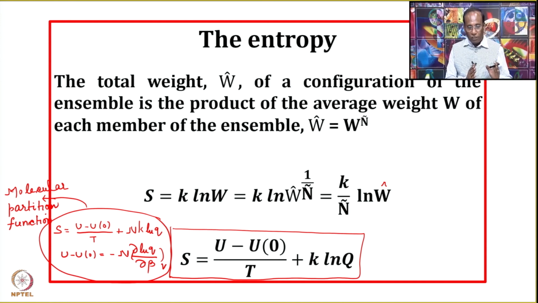Here we have a more general expression between entropy and canonical partition function, in which, as we just discussed, you allow the interactions. Now the question is, will this relation turn out to be the same as this relation when we consider recovering molecular partition function from the canonical partition function?